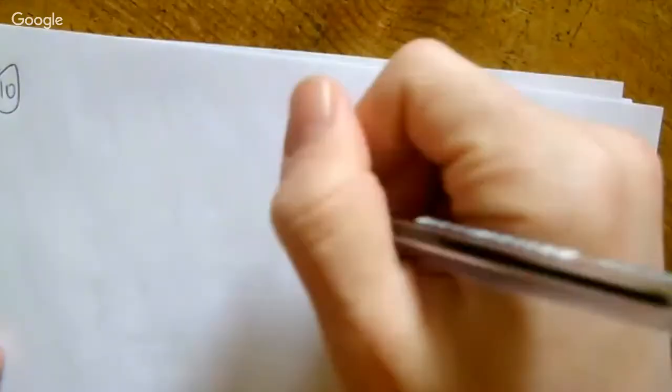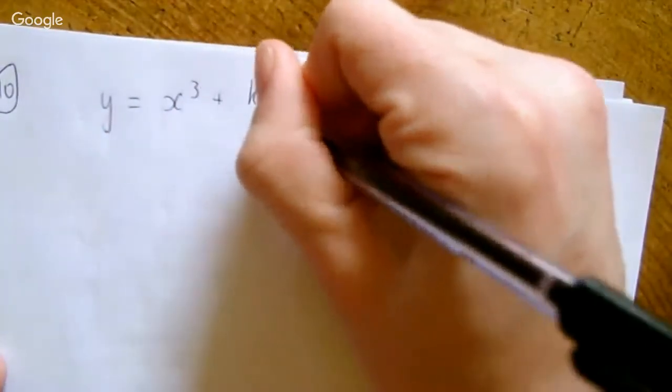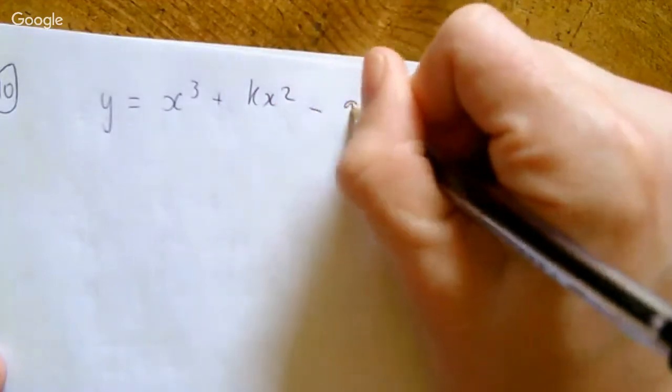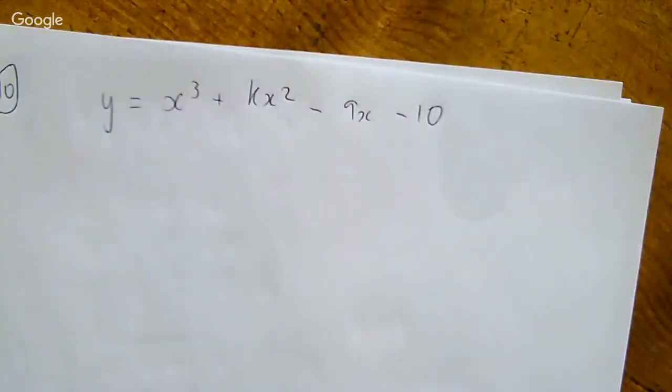And finally, question 10. It says we've got y is equal to x cubed plus kx squared minus 9x minus 10, where k is a constant.